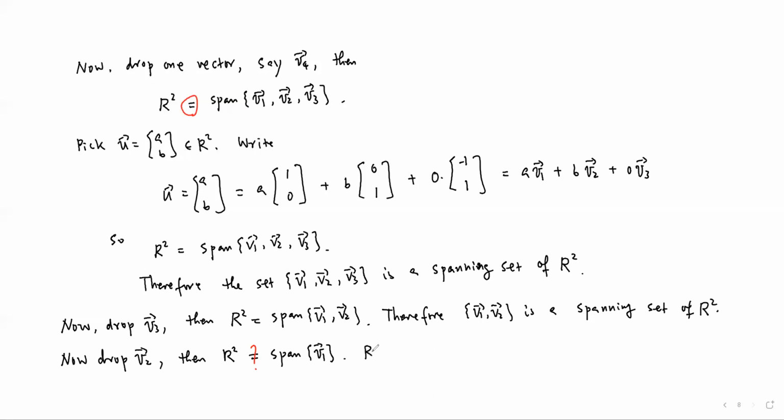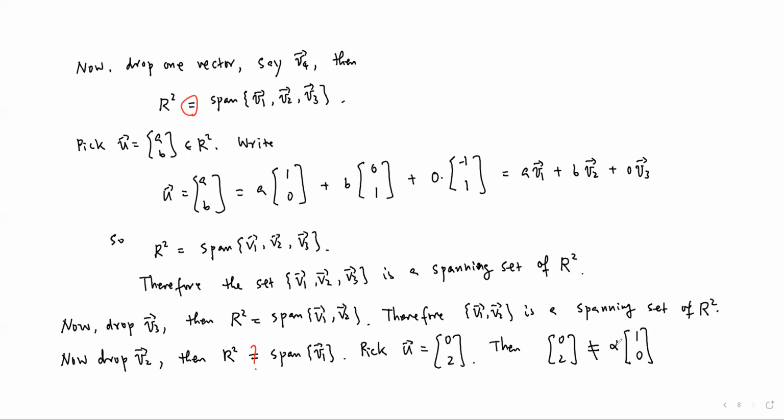Let me pick this vector, say 0, 2. I don't think this vector can be spanned by V1. Then 0, 2 is not equal to a number times V1. What is V1? 1, 0.